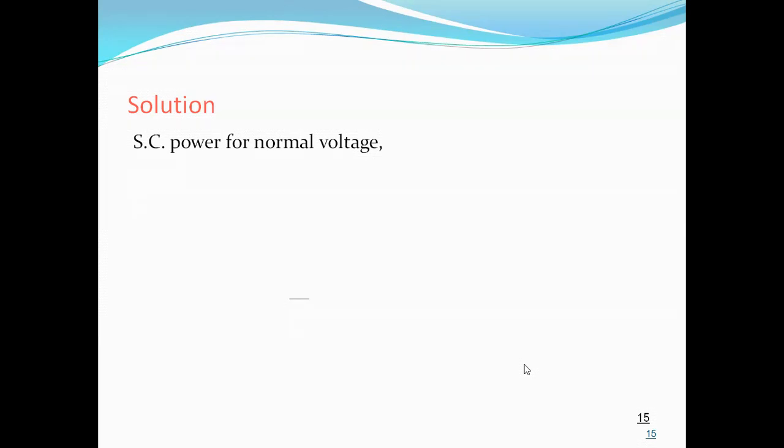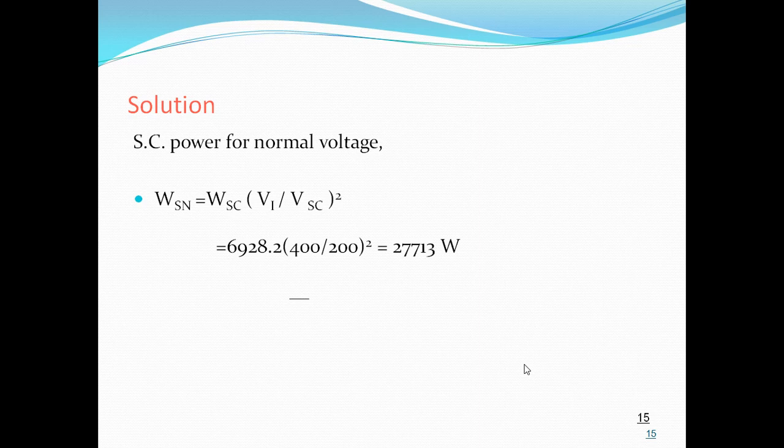So short circuit power for normal voltage, WSN, is equal to short circuit power into V1 by VSC whole square. So that is 6928 into 400 by 200 whole square, that is 27,713 watts.